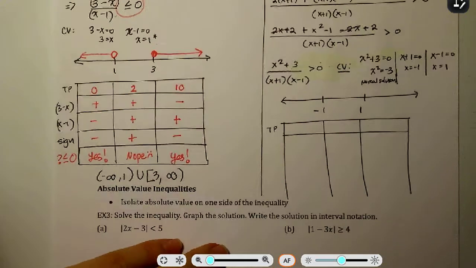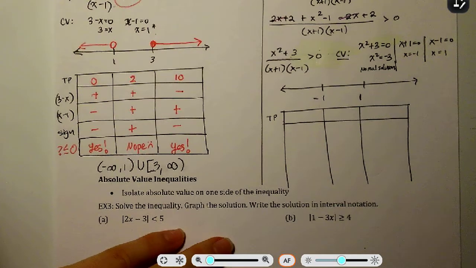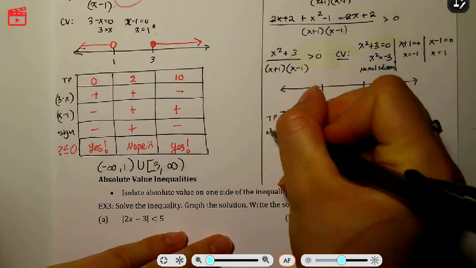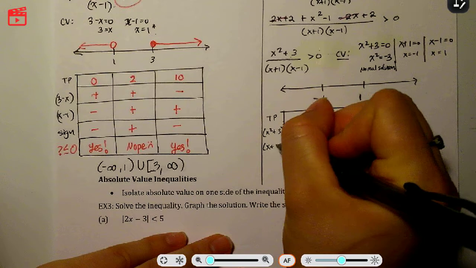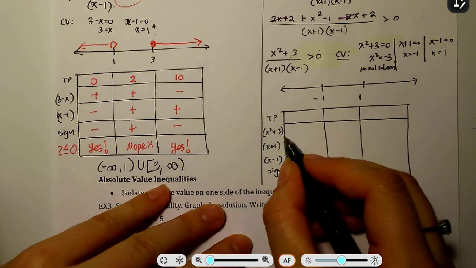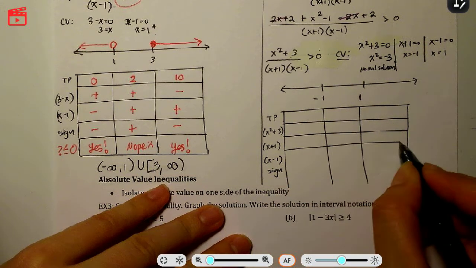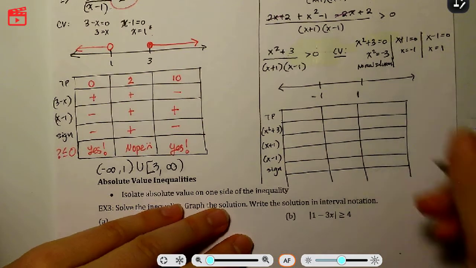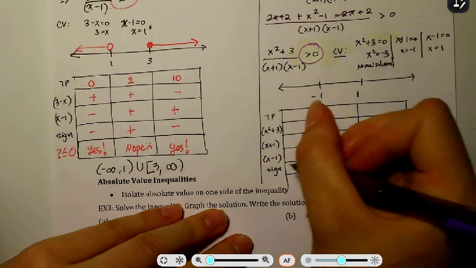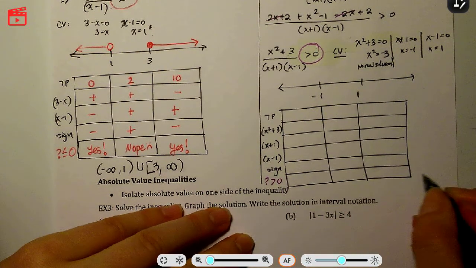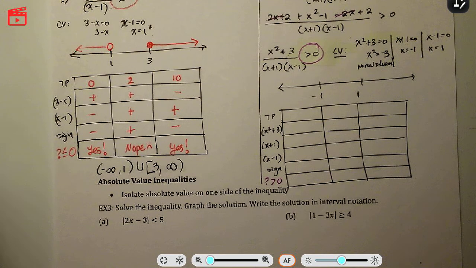We don't have to because it's always going to be positive. But might as well, why not? x squared plus 3, even though it's always going to be positive. And then my other factors, my sign, and what do we want our end sign to be? We want it to be greater than 0. So is this greater than 0? Okay, go ahead, pause the video, find your test points, label them, and check to see what signs you get.